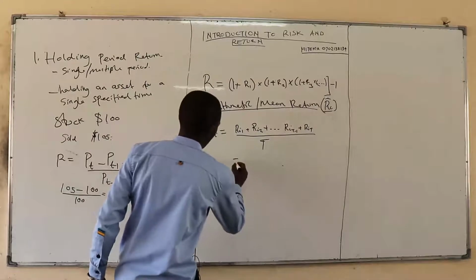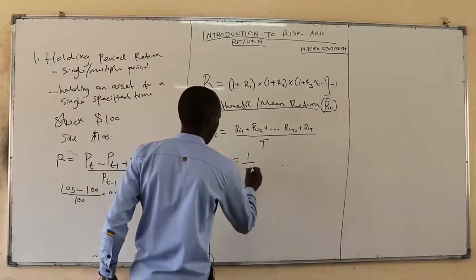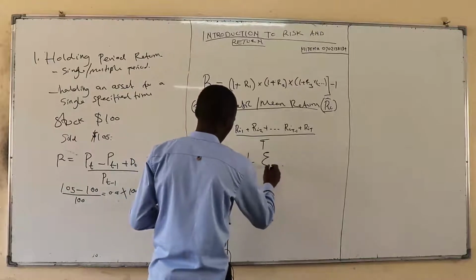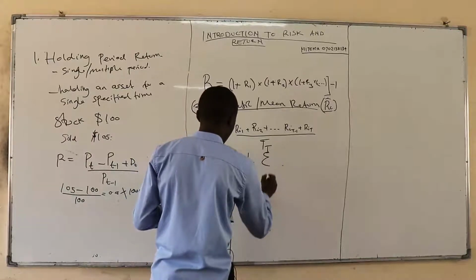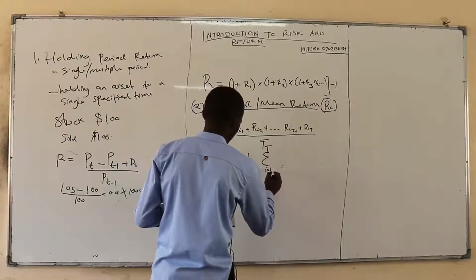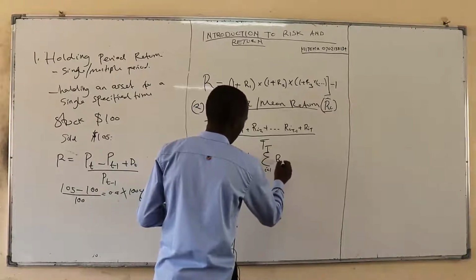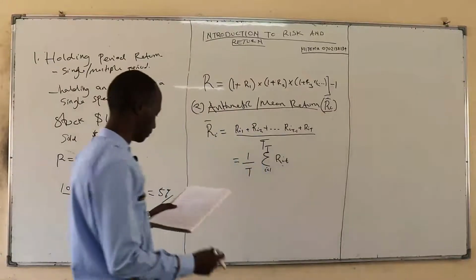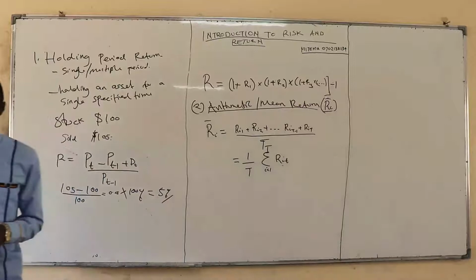Also, this is equal to 1 over T times the summation of the returns of those periods.